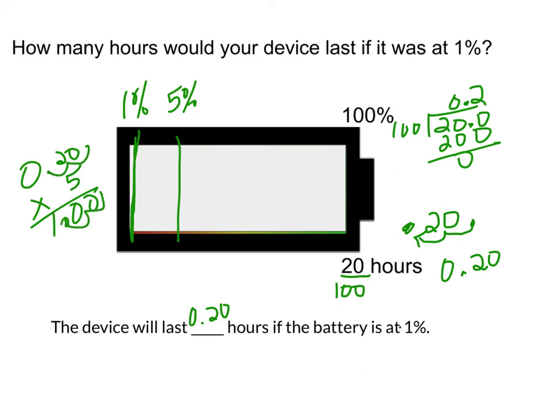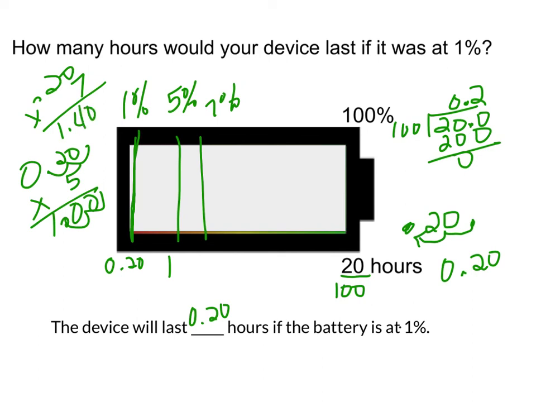That means that this is going to be 1 hour. This is 0.020, 1 hour. I could do 7%. 7%, that means I need to put decimal 0.20 times 7. So that's 1 and 4/10. So basically you could use that 1% to find any other percentages.